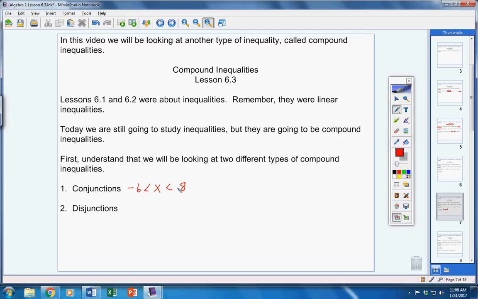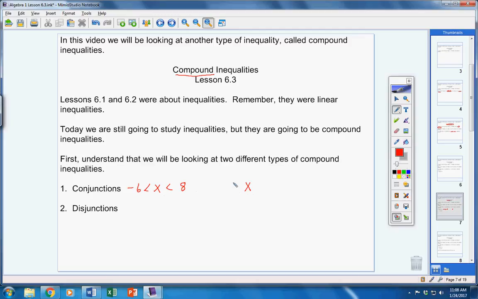I think you're seeing now why it's called a compound inequality. There are two inequality symbols. So we call this a compound inequality. Now, I'm not asking you to understand this yet. I'm not asking you to get everything I'm saying. Just understand this is what a conjunction looks like. And x will be in the middle.